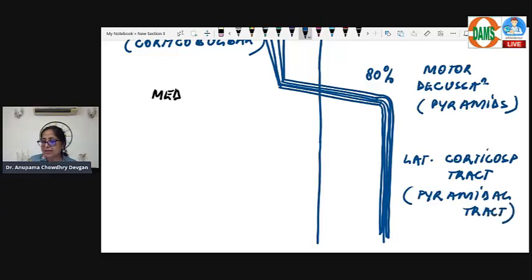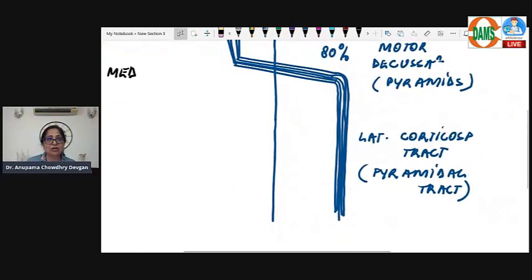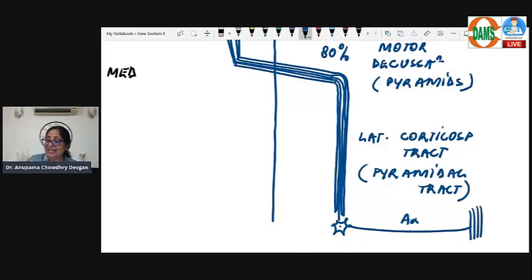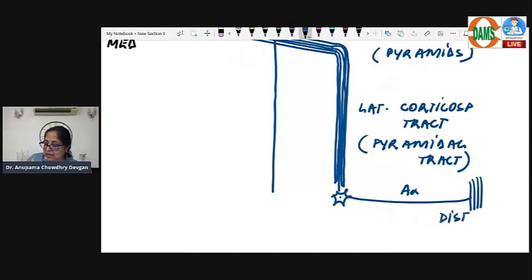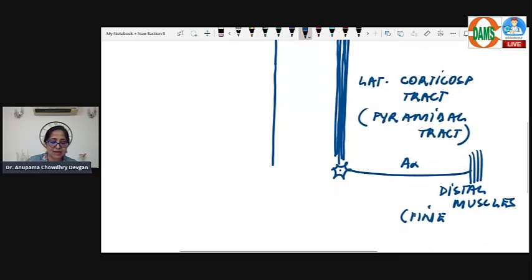We've already done that the lateral corticospinal tract will supply the A-alpha motor neurons, which go towards the distal muscles. We have already discussed that the lateral corticospinal tract is meant for fine skilled movements, distal muscles. Now you would ask this question.